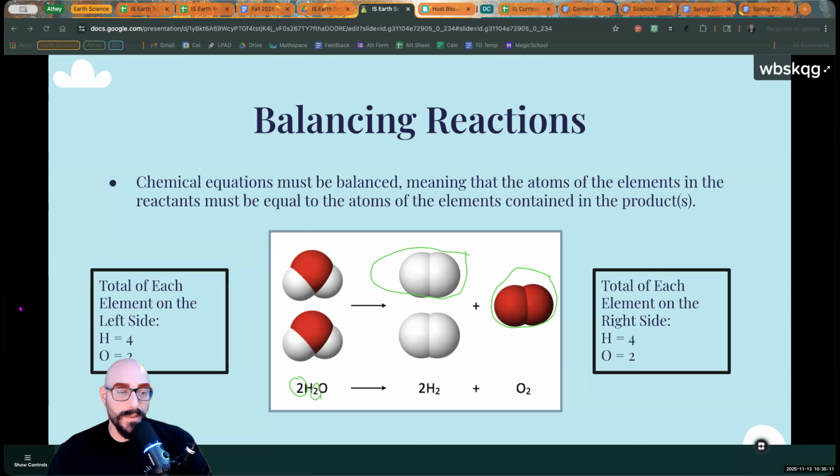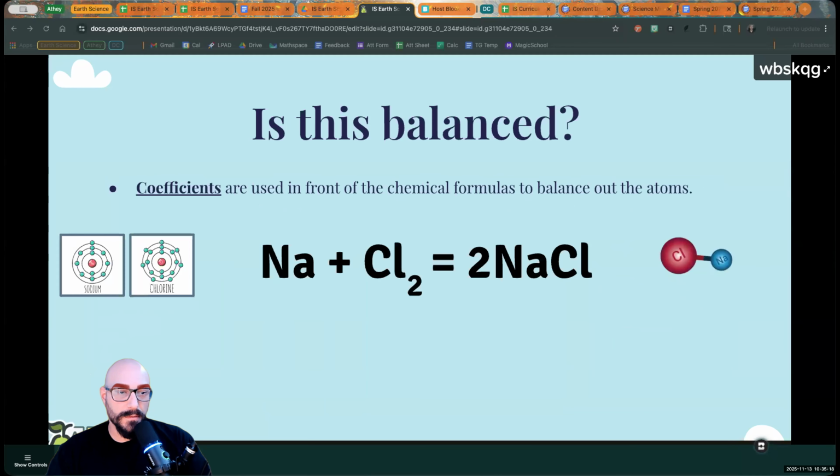But let's see if we can determine if another one is balanced. Coefficients, that number in front, are used to help us balance. Is this equation balanced? Do I have the same number of each atom on both sides?